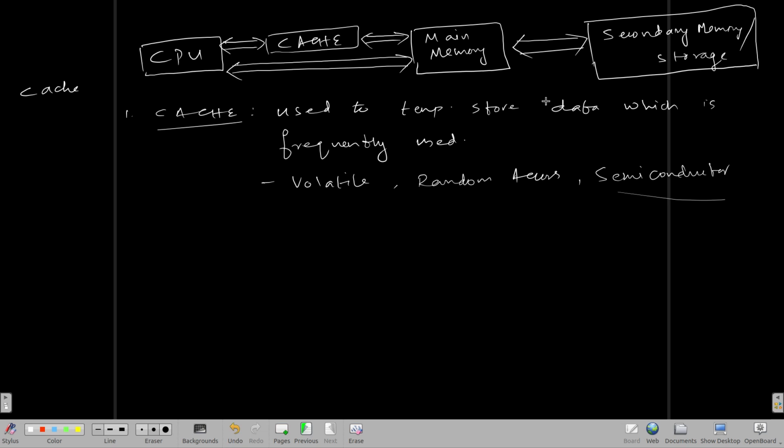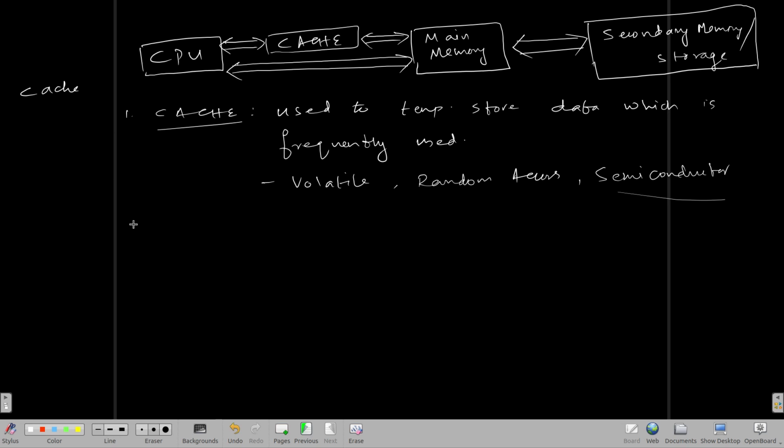The reading head has to go to a certain point, and data is stored and read in a sequential fashion. But semiconductor memory is not like that. You can store anywhere, and this sequential issue is not there. Sequential access is a problem because it introduces a lot of latency and slows down the reading and writing process.